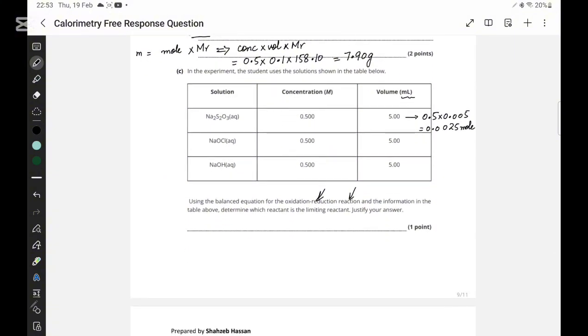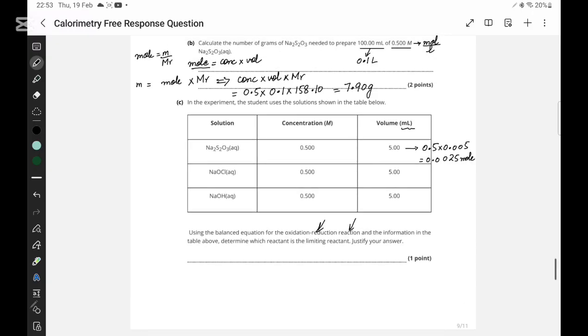So how can we write here that 4 moles of NaOCl will react with 1 mole of Na2S2O3 and how many moles of NaOH? 2 moles of NaOH.